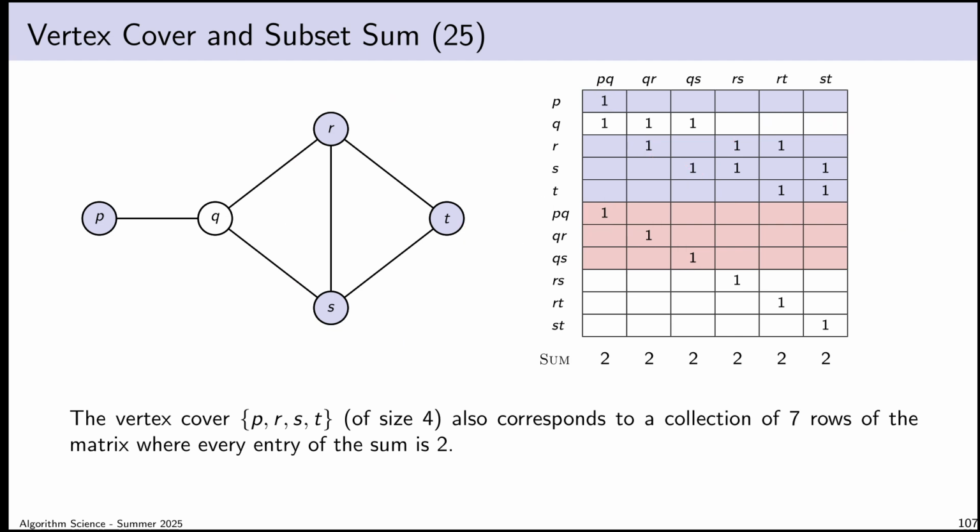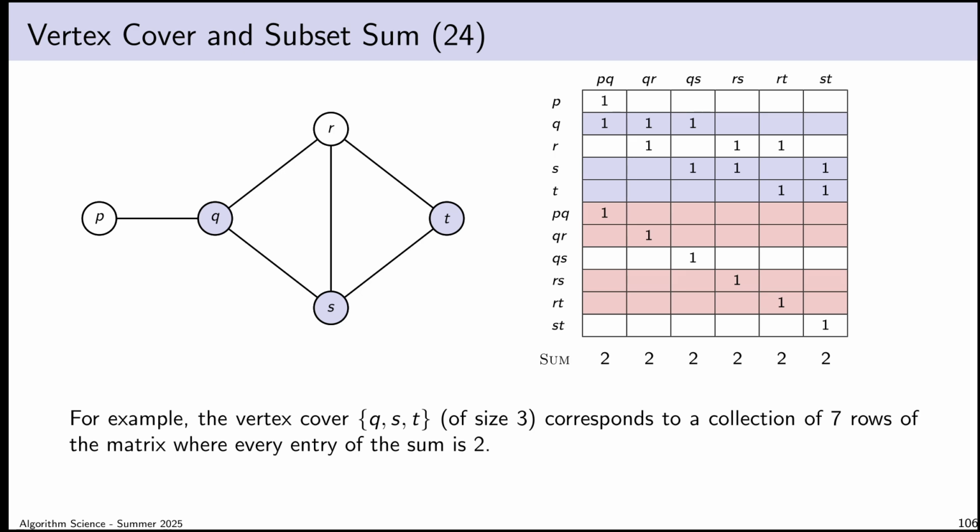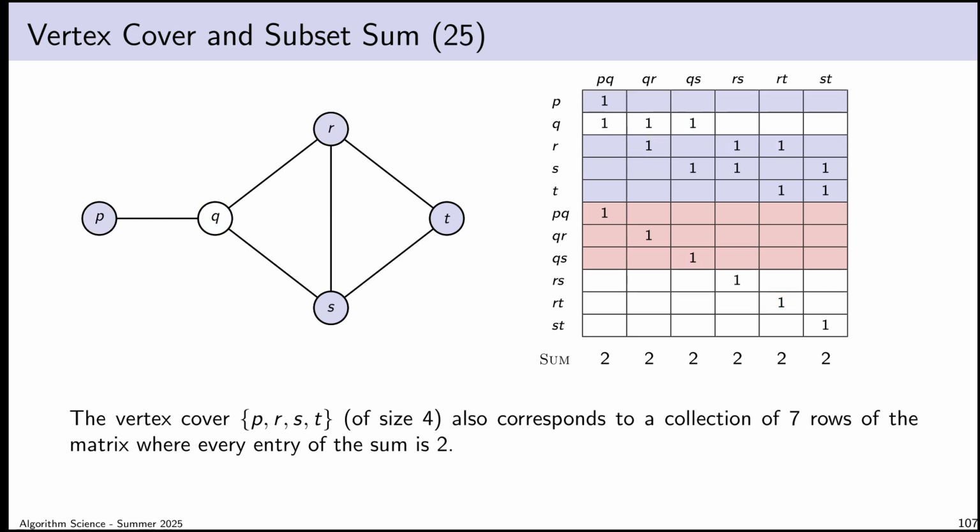And so maybe you can see the problem here. I've got 2 collections of rows of size 7 that both correspond to vertex covers, but they're vertex covers of different sizes. And of course, the vertex cover problem that I'm solving depends on the size, and so I need some control over the size of the vertex cover I choose. There is not some obvious fixed relationship between the number of rows that I choose and the size of the underlying vertex cover.